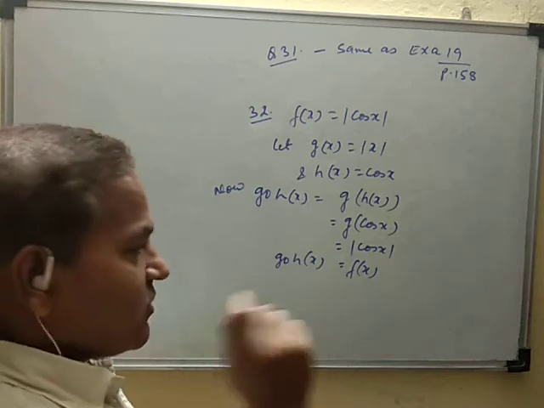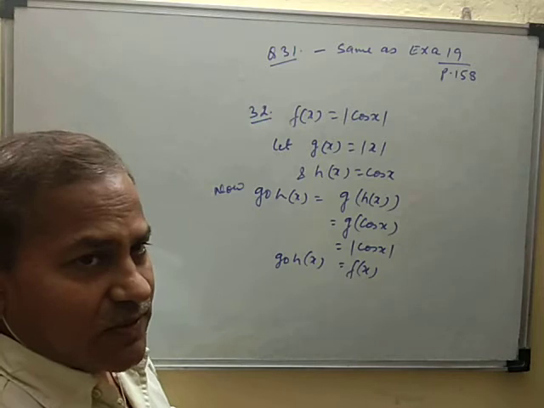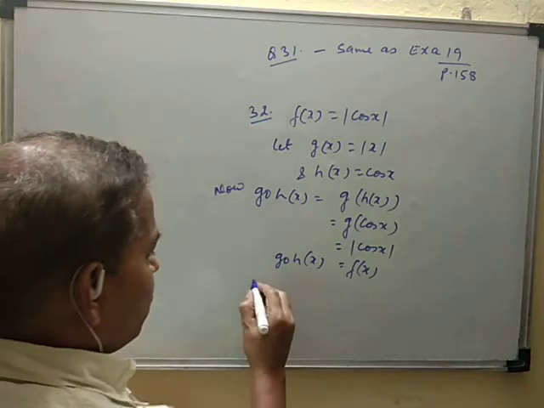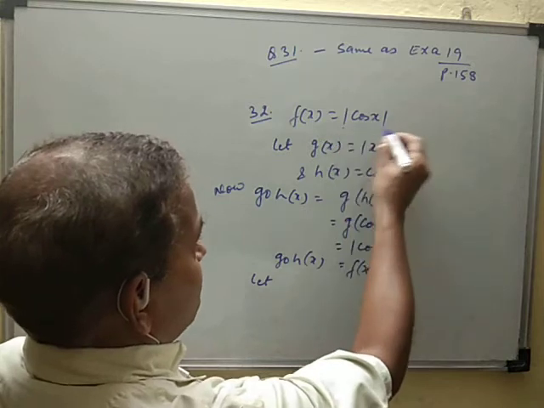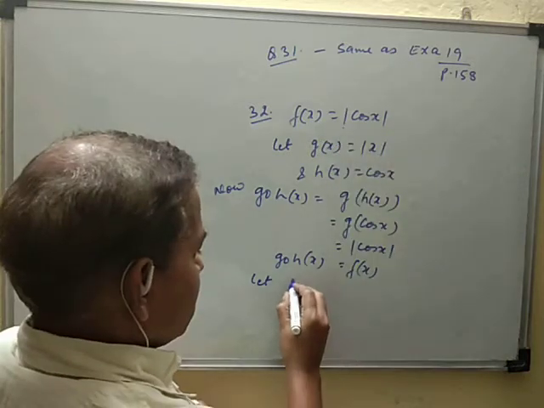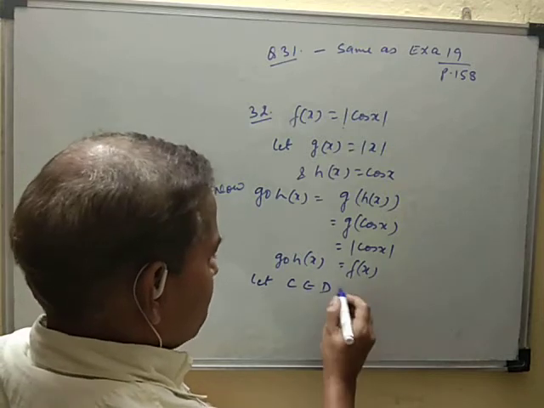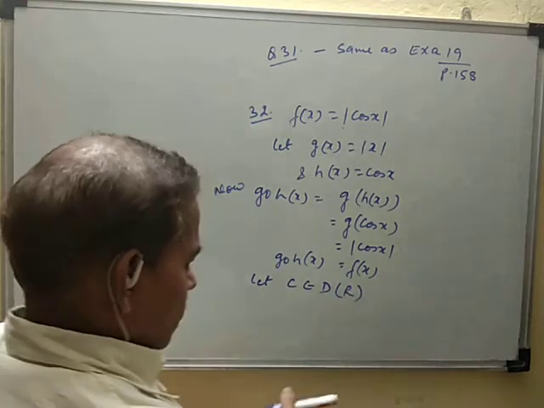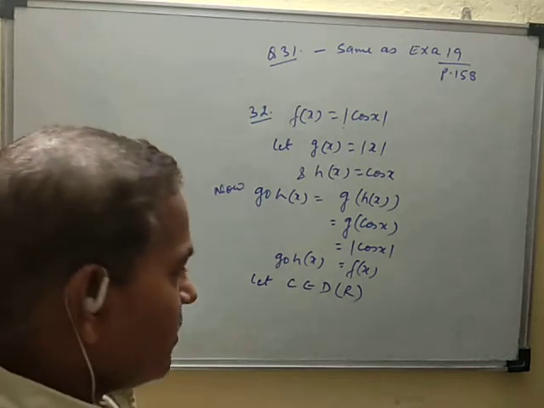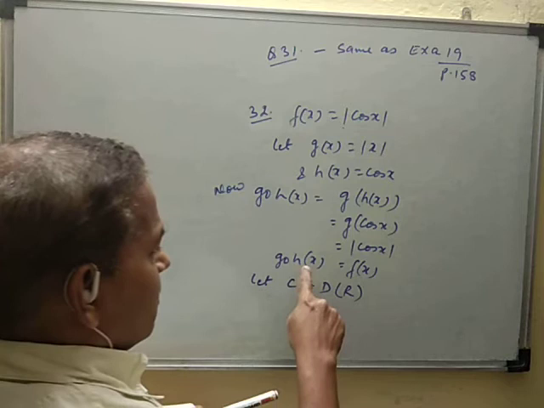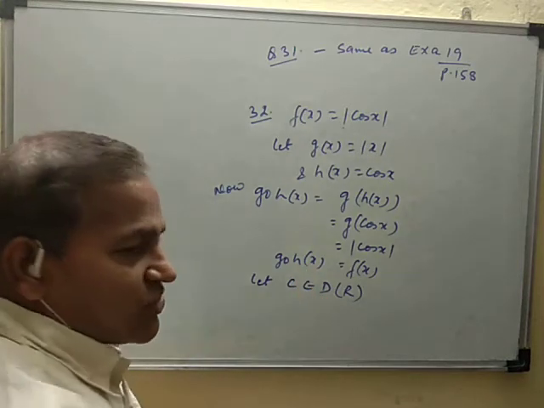For this, first we have to show that h of x is continuous at c. So since the domain of this function is all real numbers, let c be any element of the domain of f of x. And what is the domain? Domain here is the set of real numbers. So c is any real number. Now so that h of x is continuous at c.